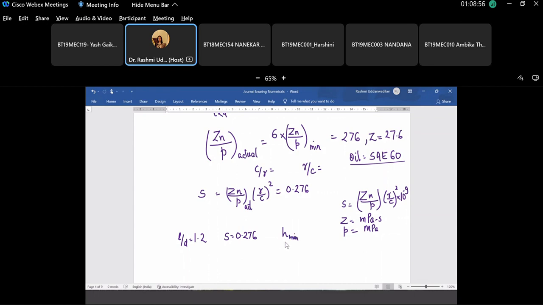So again, from the graph, for this value of S, give me what is H minimum by C. We have to see that the value is greater than the minimum desirable value of 0.0025. This should be greater than 0.0025.